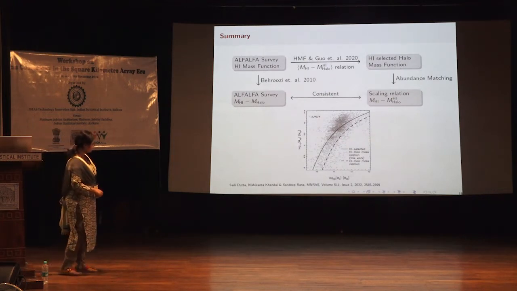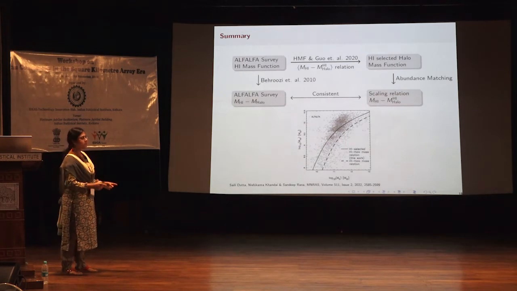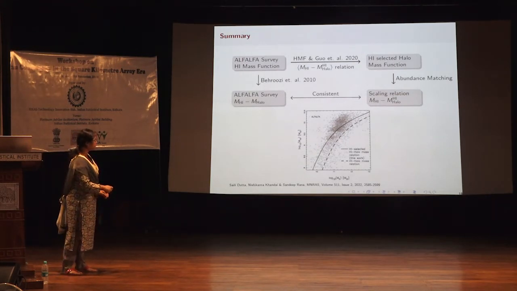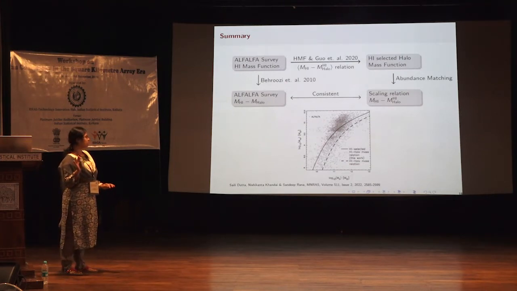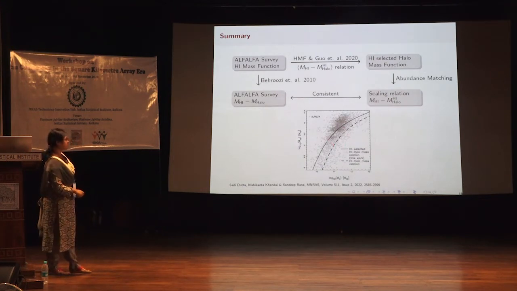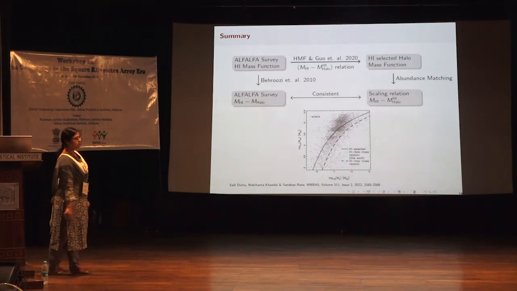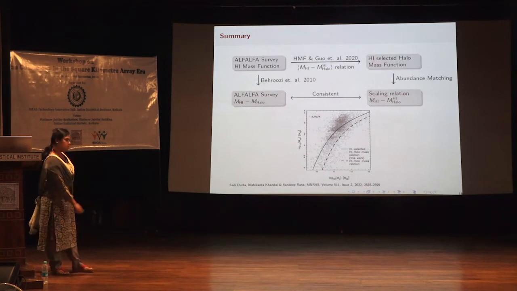In this figure, the dashed line is the scaling relation estimated from the abundance matching of the total halo mass function and H1 mass function, and the solid line is for the H1 selected halo mass function and H1 mass function. So it is clear from here that we should not use the total halo mass function to estimate this scaling relation. We should consider the H1 selected halo mass function.